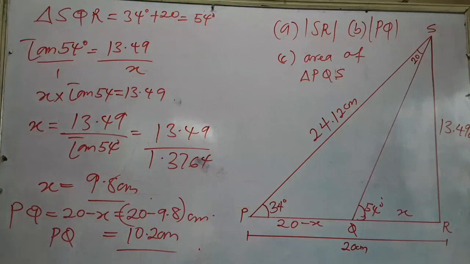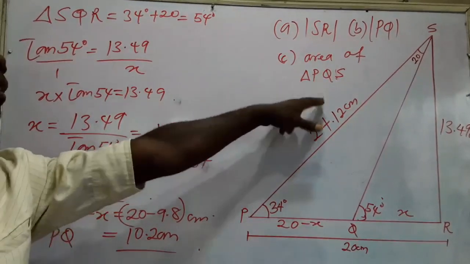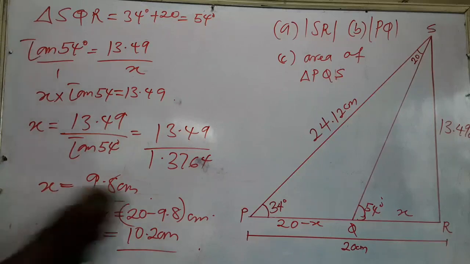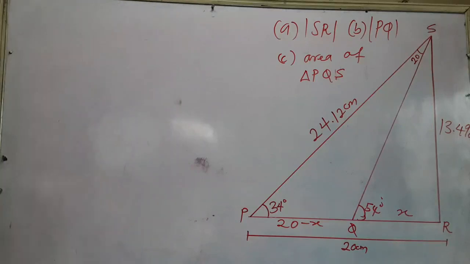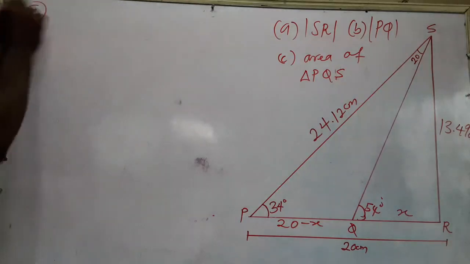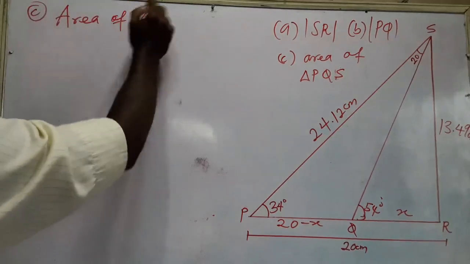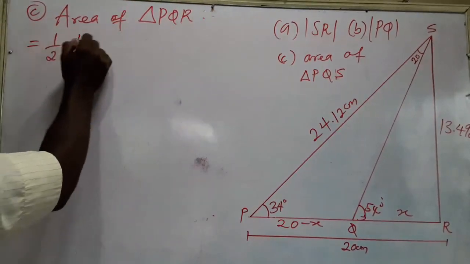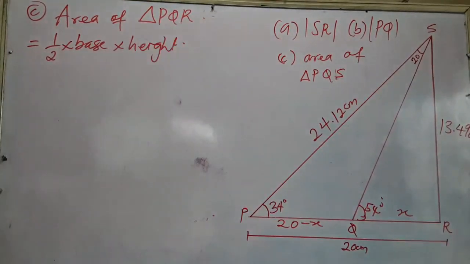Now the question continues to say that find the area of triangle PQXR. So how do you find the area? You know that the area of the triangle is going to be half base times height. So if it is half base times height, what is our base?